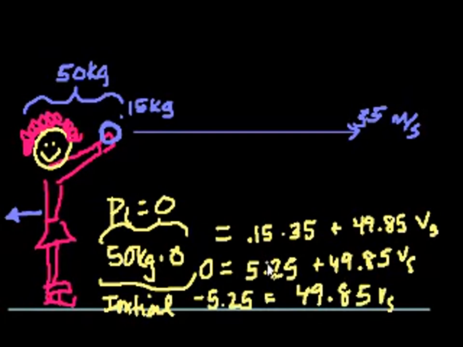So we're essentially saying that the momentum of just the ball is 5.25, and since the combined system has to have 0 net momentum, the momentum of the skater has to be 5.25 in the other direction, going backwards, or a momentum of minus 5.25. To figure out the velocity, we just divide her momentum by her mass. So divide both sides by 49.85, and you get the velocity of the skater.